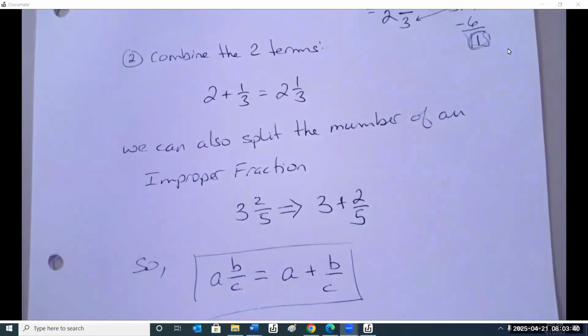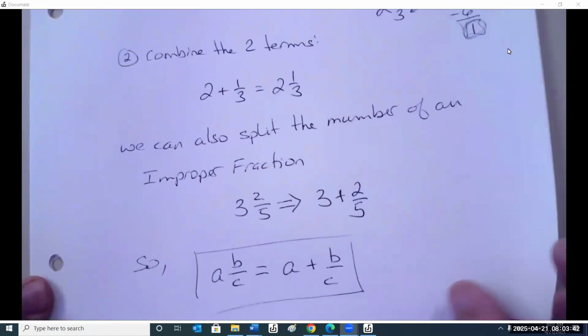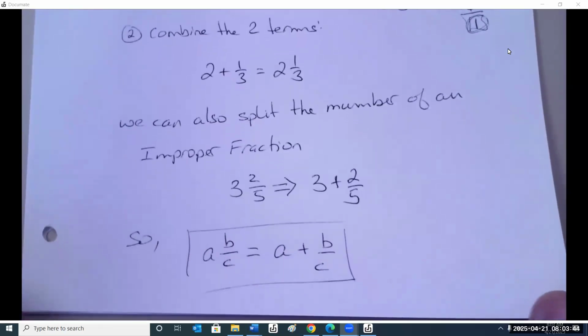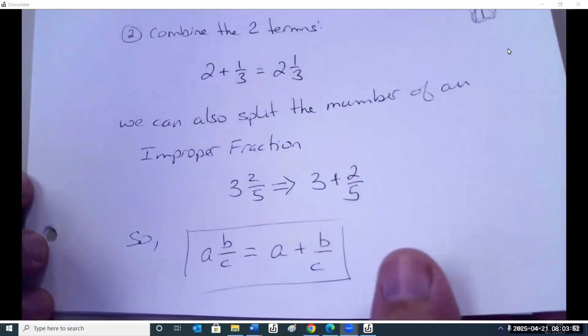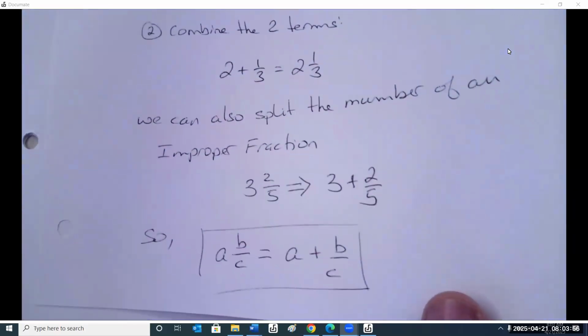First point we have to remember. Another thing we have to remember. Another thing we have to remember.